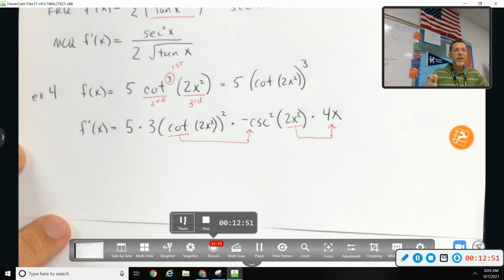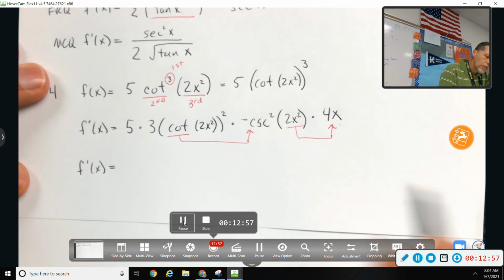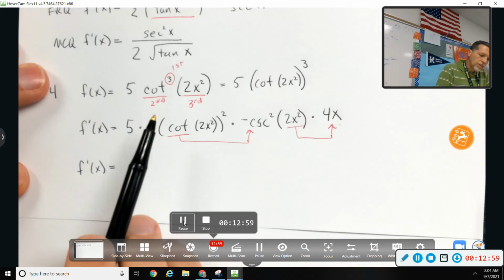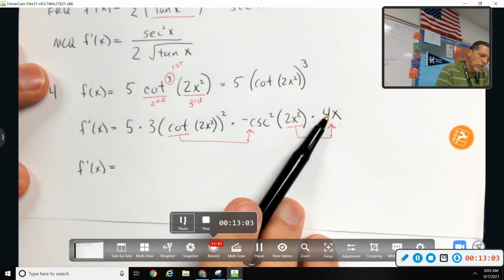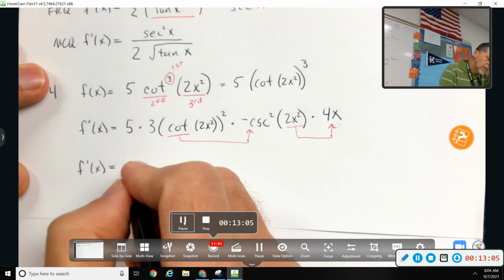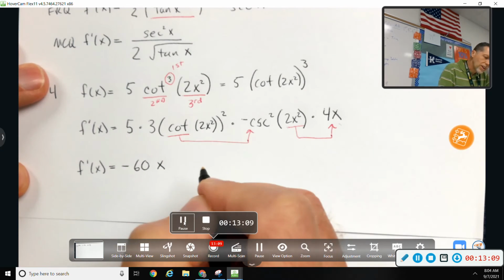There's your safe stop. You could be done. I don't know that there's a whole lot you could do to clean it up, other than multiply all the numbers that are there, 5, 3, and 4. 15 times 4 is 60. There's a negative sign. Yeah, we should probably put the x in front.